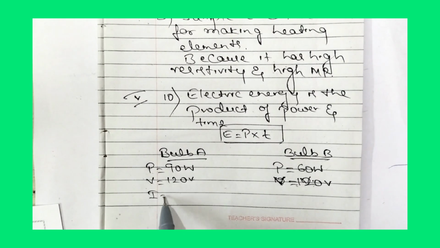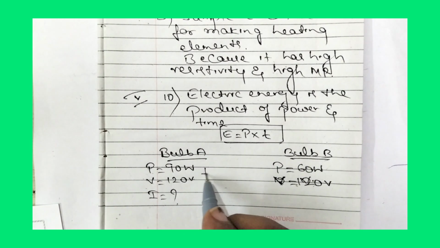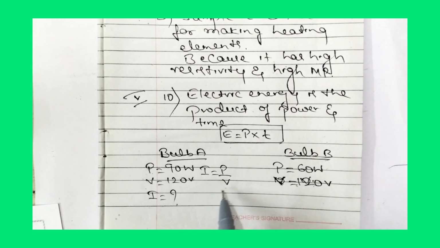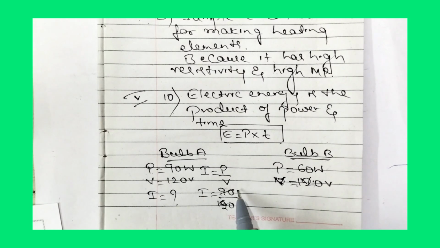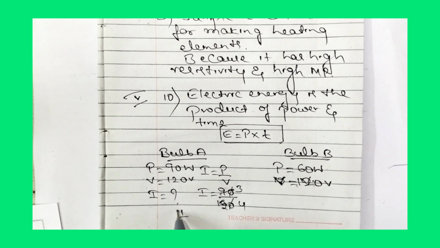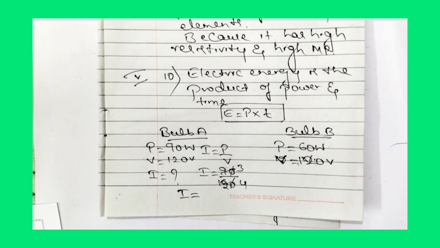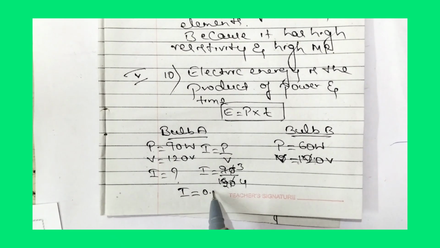Now calculate the current. I is equal to P by V. For bulb A, I is equal to 90 divided by 120, which is 3 by 4, that is 0.75 ampere.